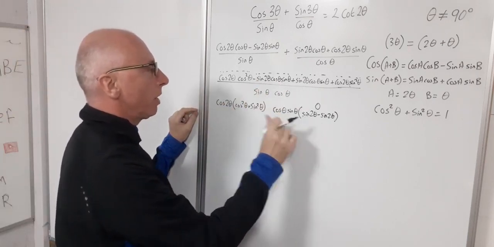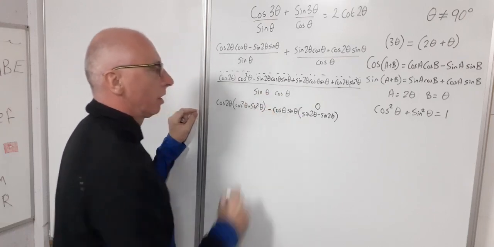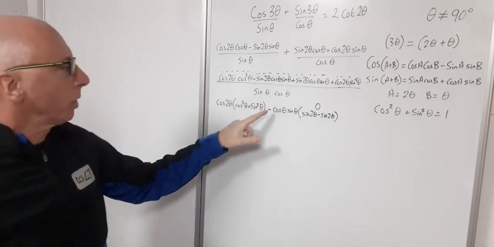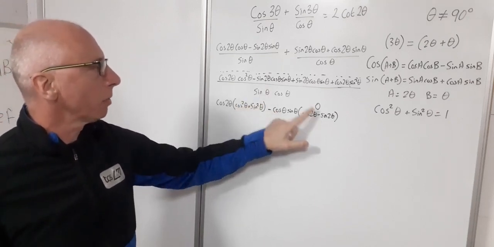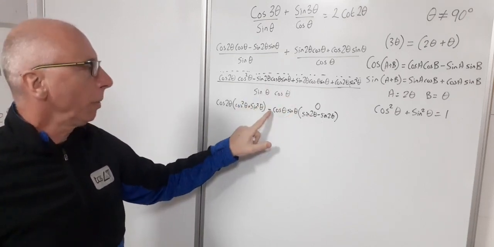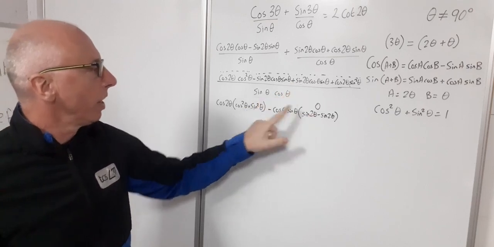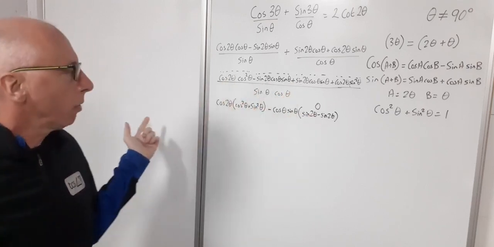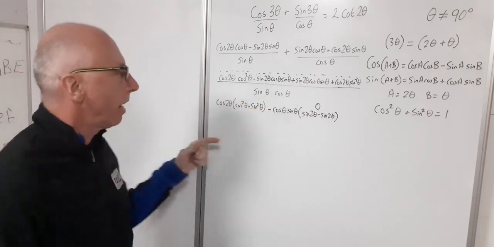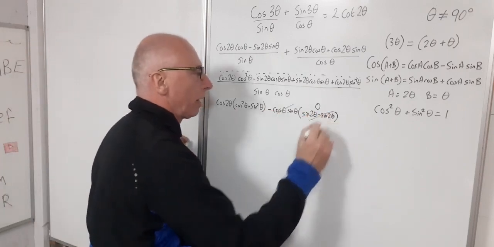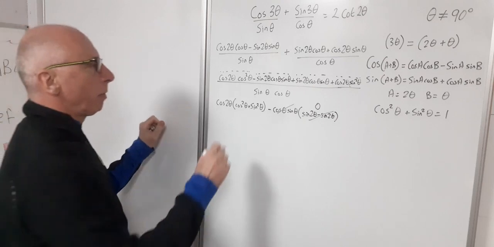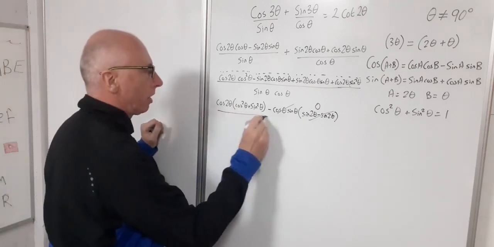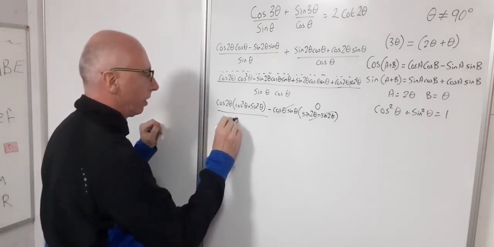So if I put a minus 1 here, it doesn't matter which way it goes, because I'll have minus this one, which is that one, and then that minus becomes a plus for that one. Or if I put a plus, I'd have a plus for that one, and then a minus for that one. So it doesn't matter what side I put, they're all going to cancel out, and all of this will disappear and become 0. And now I need to just divide this by sine theta, cosine theta, and that's all I've got left.